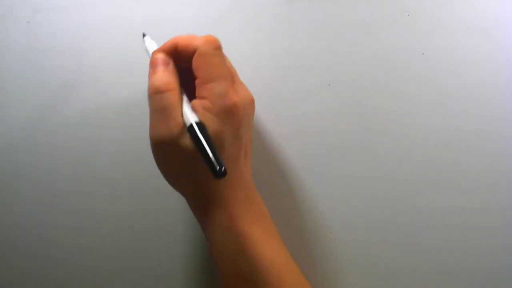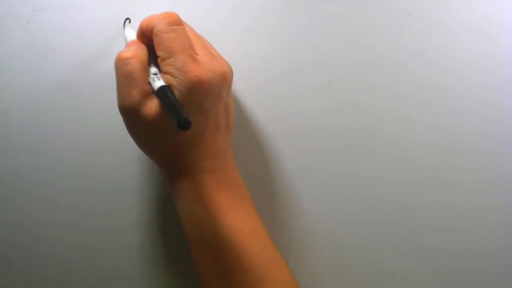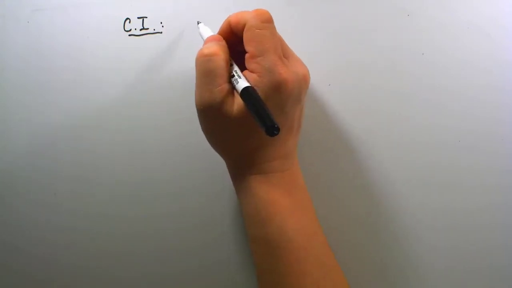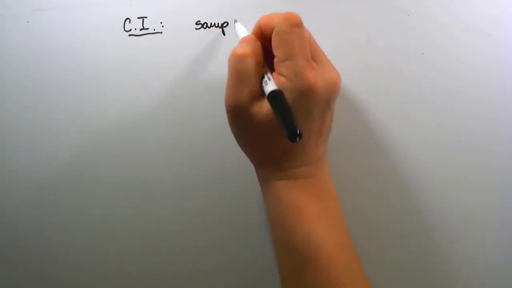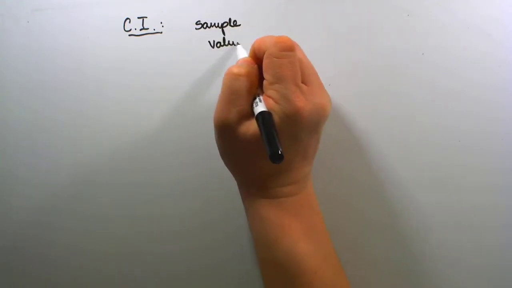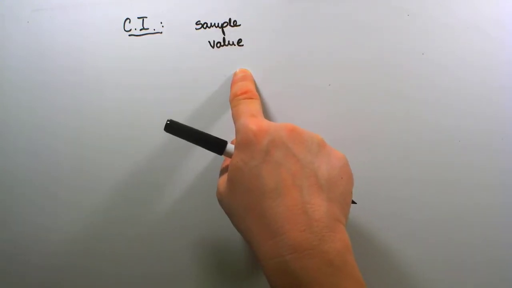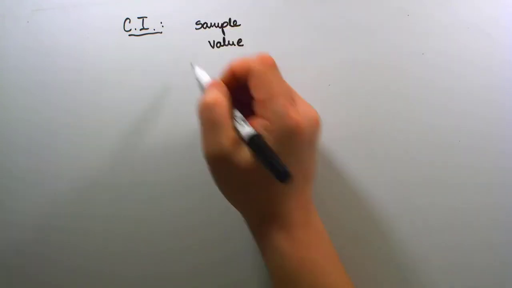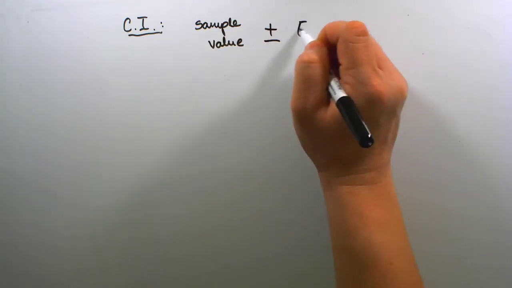Now, once we have all that understanding, I need to remind anyone following along with this video that a confidence interval will ultimately be in the form of a sample value, which is a very powerful statement, because a sample value can either be given information or something we purposely find. So we will always rely on the corresponding sample value plus and minus a margin of error.